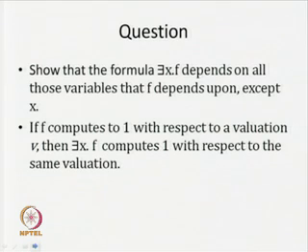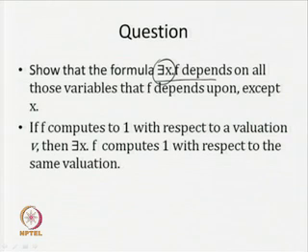We are relaxing this function on some variable. Now, it is asking that there exists x f depends on all those variables that f depends upon except x. Just try to get the feeling of what there exists x means and see whether this is correct or not. If it is correct, you establish it, or if it is not correct, then also establish it or give a counter example. I think it is a very simple one.